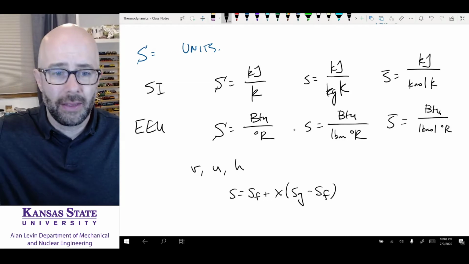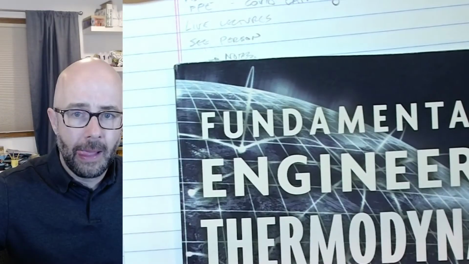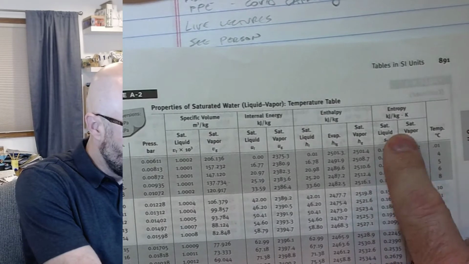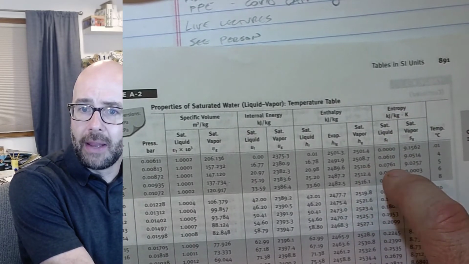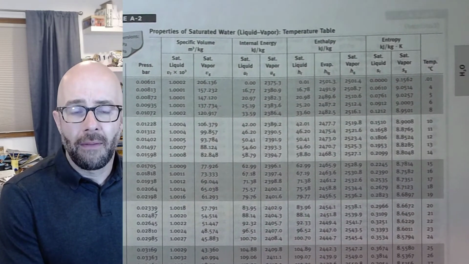So let's take a look at that. Here, let's open up our document camera. And here we go. It's like we're doing an achievement, and we've now unlocked this last column, entropy. Saturated liquid, saturated vapor, just like we had specific volume and internal energy.